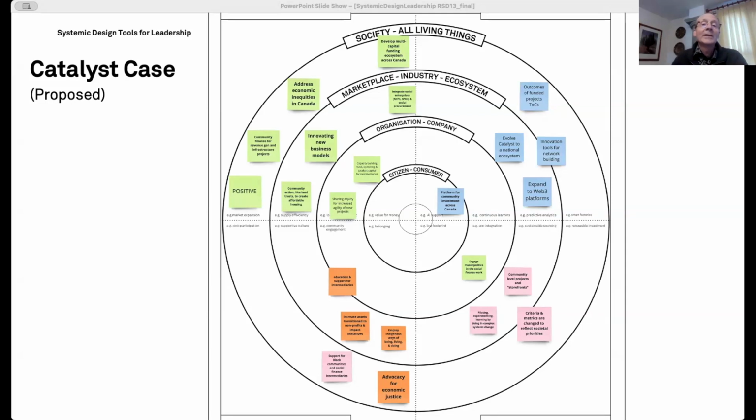As you go into the industry itself, the innovating new business models should then create models of value creation that have impact in communities, not only other communities in Canada and the province, as Catalyst starts to scale more, but could certainly be shared, publicized, and learned from by other communities in other parts of the world, probably the US being right next to Canada and having some similar interests as well.